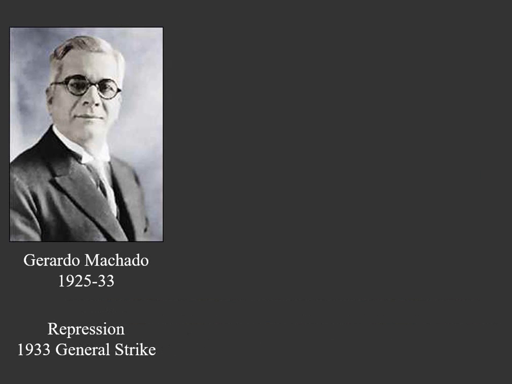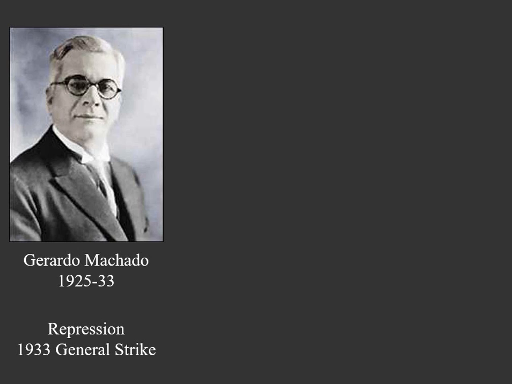To get into the political side of this, a new Cuban president is elected in 1925 named Gerardo Machado. And Machado becomes known pretty quickly for trying to stay in power past his term. He extended his presidential term unconstitutionally, basically to extend the years on his term into 1933.